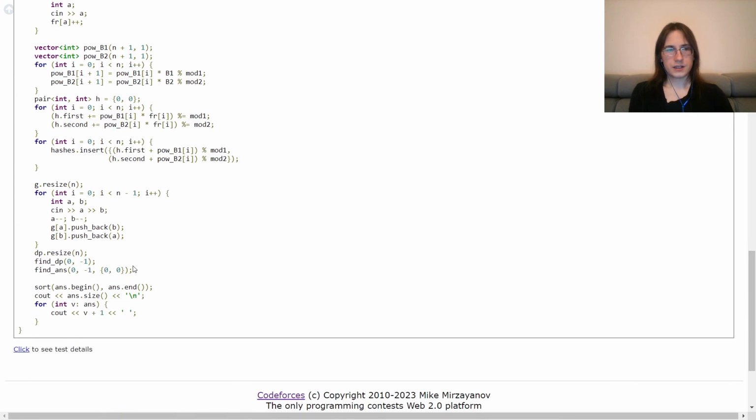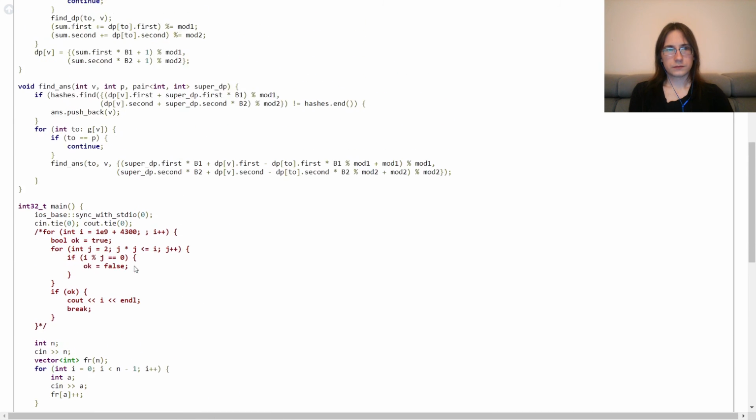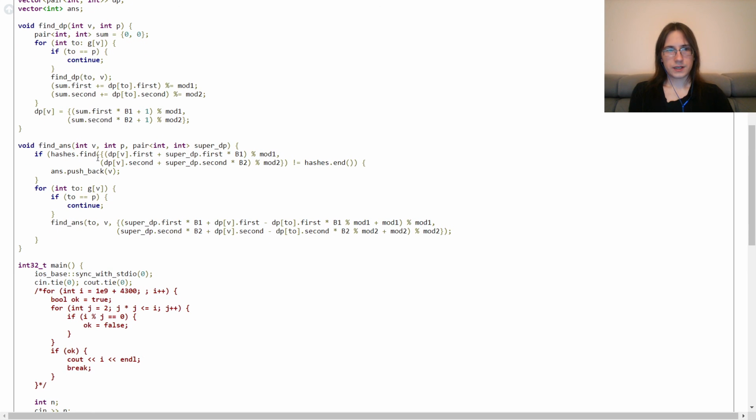And then the second DFS is called find answer. In this second DFS, I have the current vertex, the parent, and the super dp, the information about the supertree if it was just another son of v.